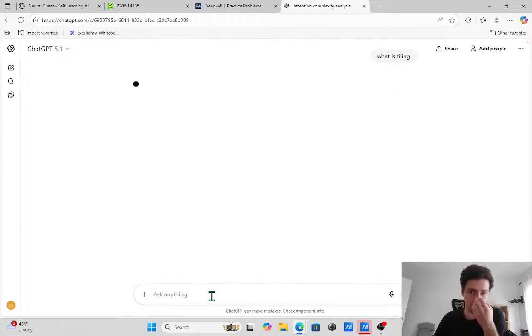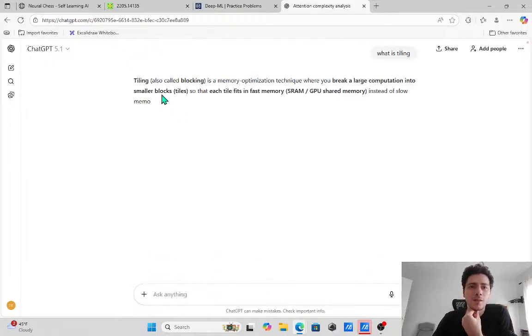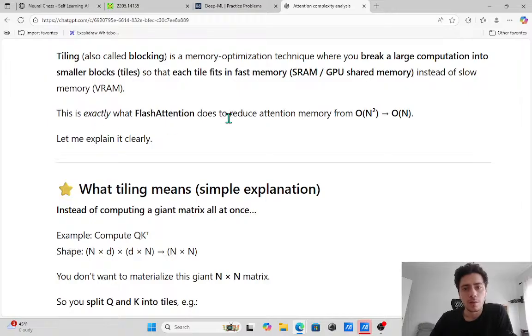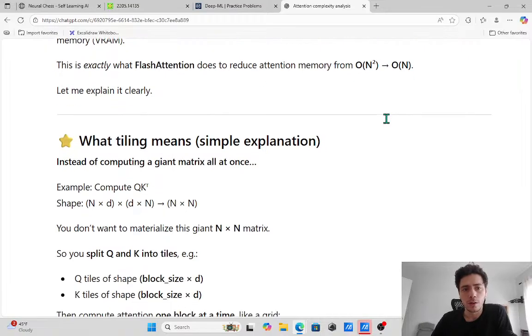Oh, okay. I'm happy it actually understood me from the previous context. Tiling, also called blocking, is a memory optimization technique where you break a large computation into smaller blocks, tiles, so that each tile fits in faster memory. Okay, so each block would fit into fast on-chip memory instead of slow VRAM. Okay.